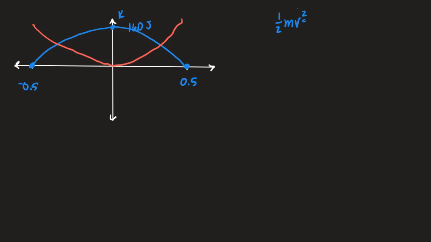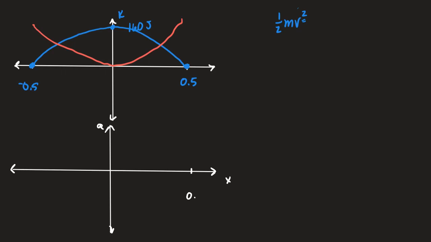Now, at the same time, they asked about the acceleration as a function of position. This one's probably going to frustrate some of you. I don't know why, but it probably will. The acceleration as a function of position between 0.5 and negative 0.5.